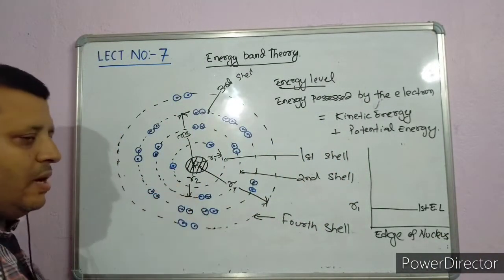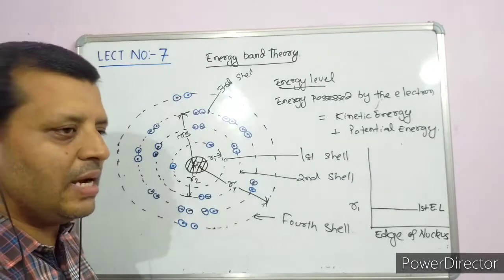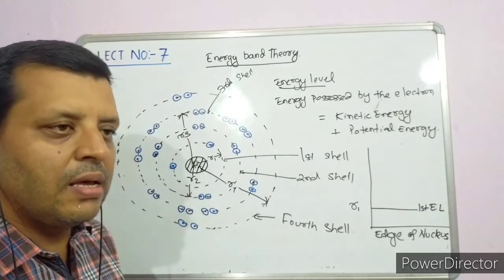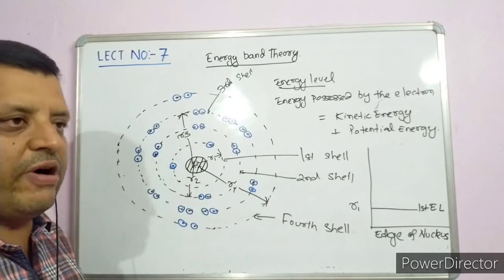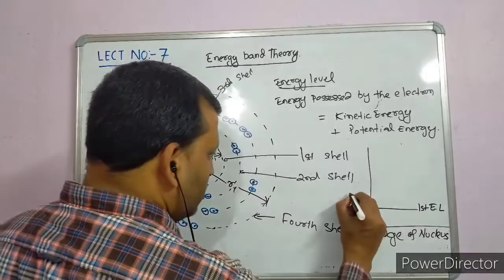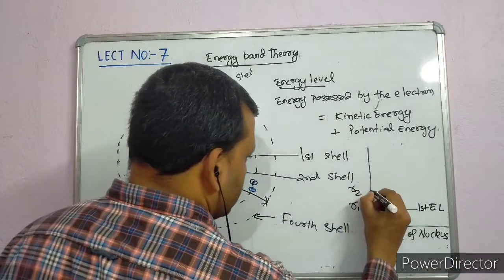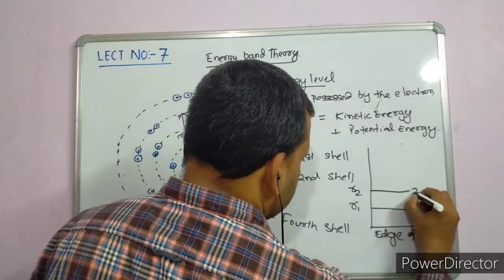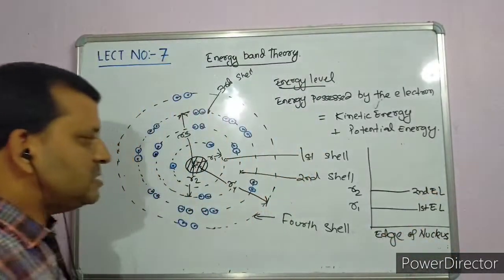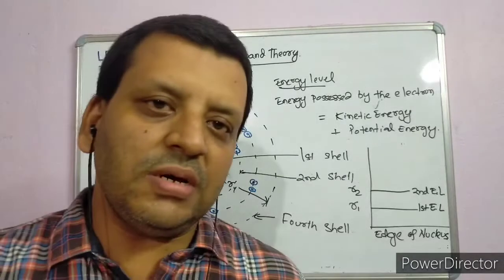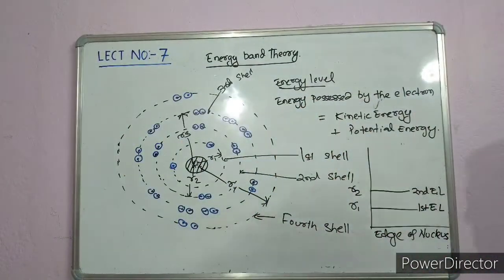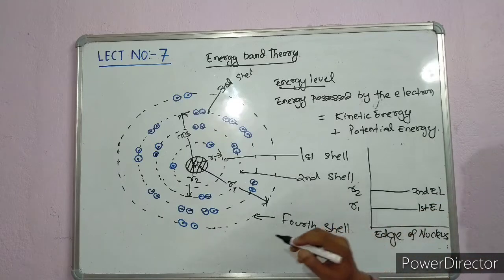That means the energy possessed by the electrons revolving in the first cell is known as the first energy level. Similarly, at a distance of r2, this is our second energy level. The energy possessed by the electrons moving in the second cell is known as the second energy level.